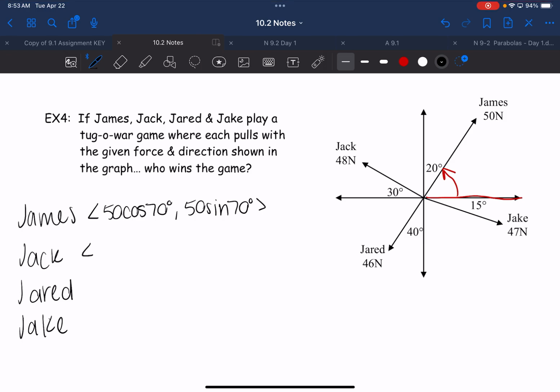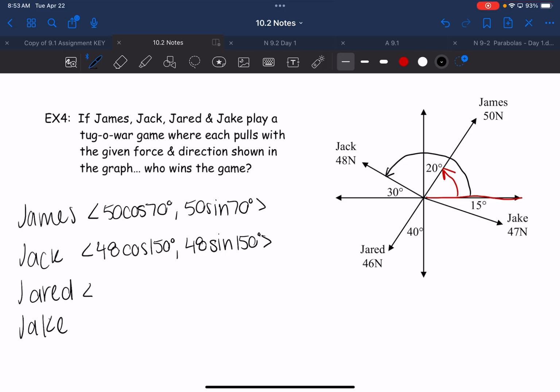Okay. What about for Jack? What was Jack's force? 48. What was Jack's angle? 150. All right.